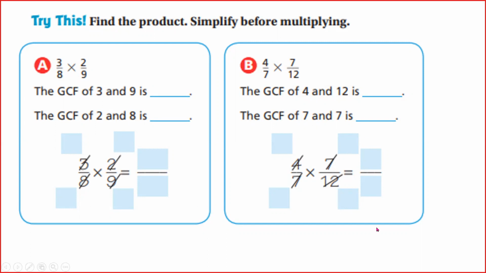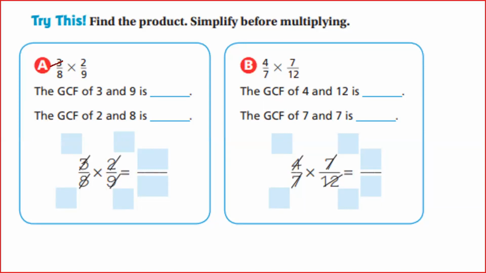Yes, Jana. Here, what do we have? 3/8 times 2/9. How will you simplify 3 and 9? What is the common factor that can be divided by 3 and by 9 at the same time? Okay, wait, I'll give you a hint. What is the number that can be divided by 3? 3. Bravo, it's 3.